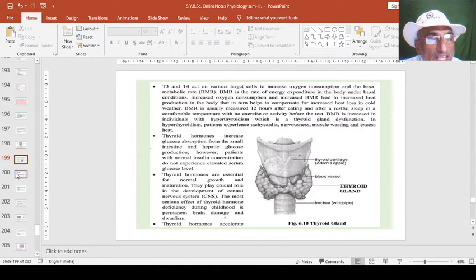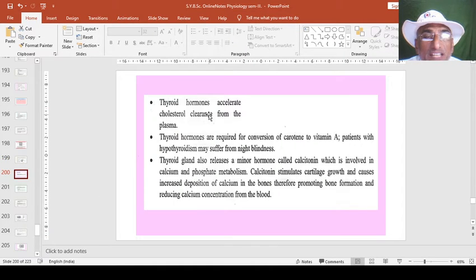Thyroid hormones accelerate cholesterol clearance from the plasma. Thyroid hormones are also required for the conversion of carotene to vitamin A. Patients with hypothyroidism may suffer from night blindness.